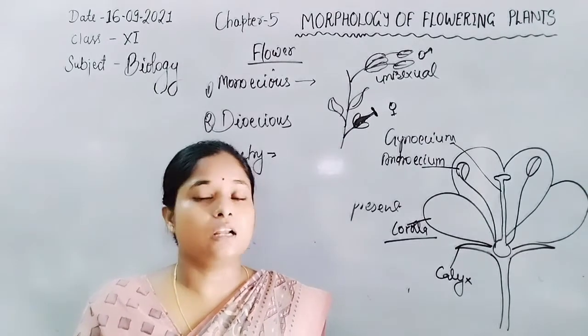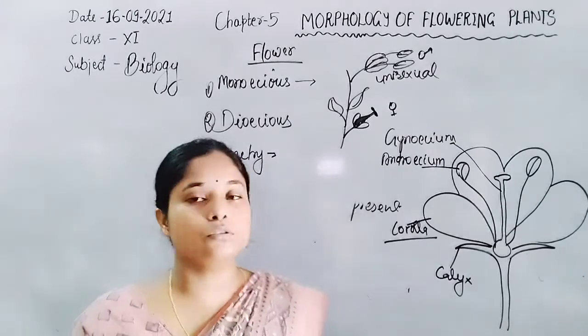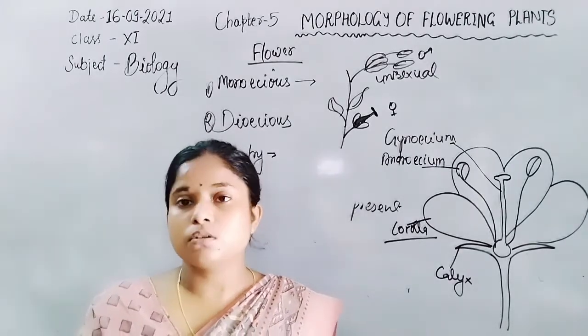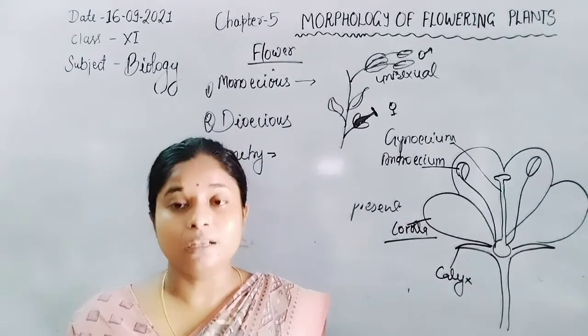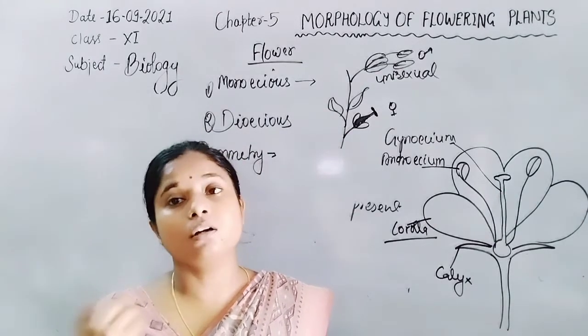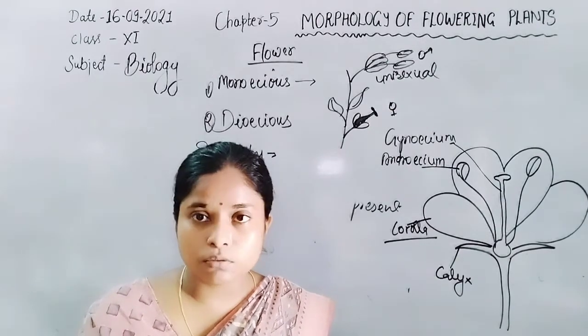Or if there are many planes from which we can divide the flower into two equal halves, such a type of flower is known as actinomorphic, because they show more than one plane from which it can be divided into two equal halves.